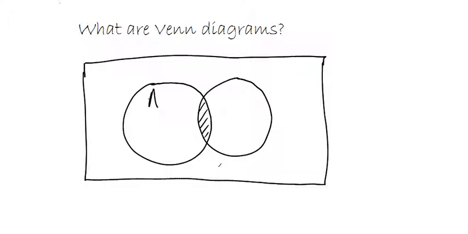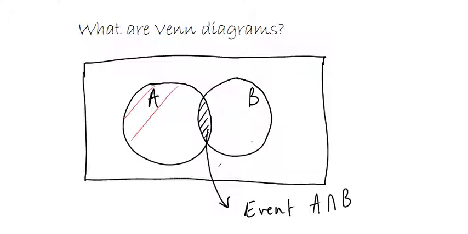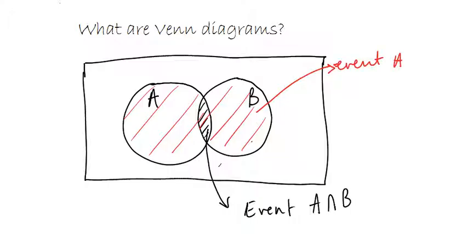So if this is event A and this is event B, this here is going to be event A and B. Now in red, if I were to take all of this, this would be event A or B, because either one can occur. Here you have A occurring, here you have B occurring, here you have both occurring. So it's both of them together.